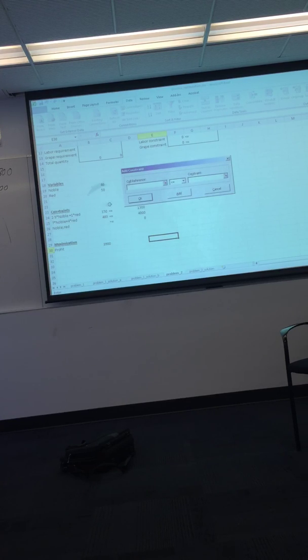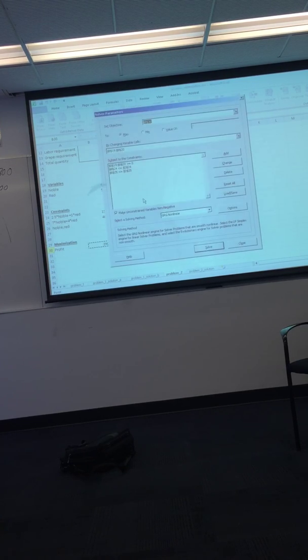I can also choose these two together to be greater or equal than 0. It's two constraints. I'm doing these two constraints at the same time. I can choose several cells and say all of these need to be greater or equal than 0. Of course, I can do it separately. And these are the constraints. Everyone got this?